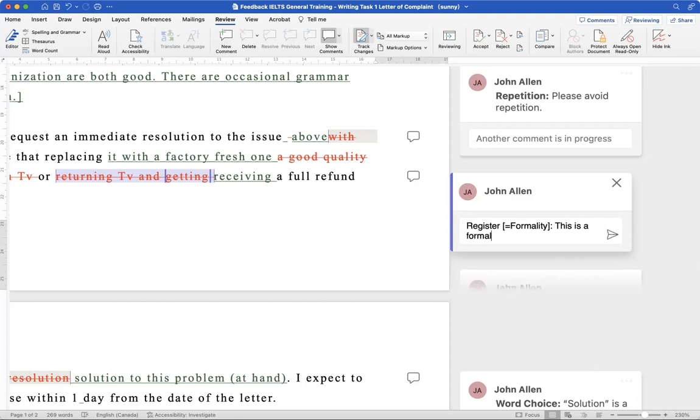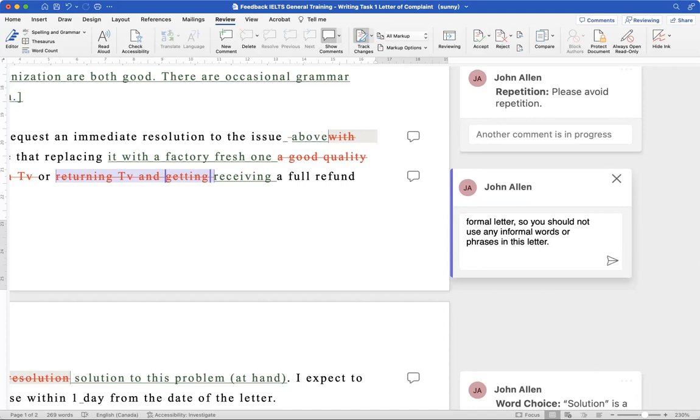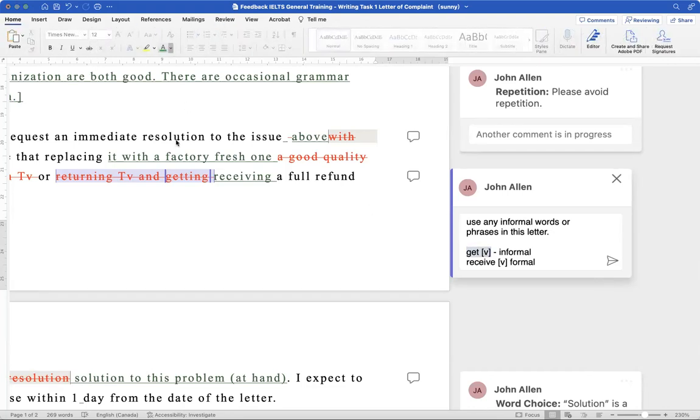This is a formal letter, so you shouldn't use any informal words or phrases in this letter. So get is informal, but receive is formal. So here you shouldn't use get. Instead, you can use the formal alternative, receive. Receive is fine in this context. We call this register, formality.